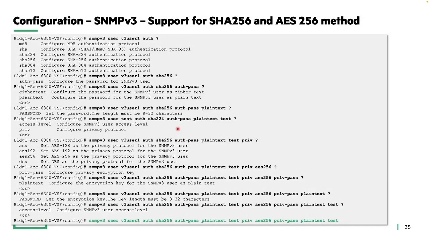Now finally, with the support for SHA 256 and AES 256, you will see under SNMP version 3 user, and the username I've used is version 3 user 1. Authentication, you'll find all these options now in 10.13 onwards.